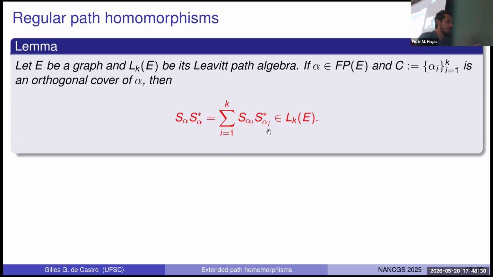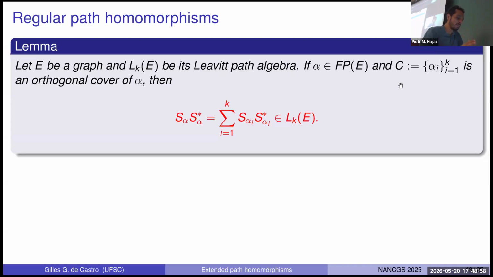And so when you use the CK2 relation several times, you're going to have a sum of these S alpha_j S alpha_j star, but then the lengths of the alpha_j's can be different. The CK2 itself is just edges, but as I said, when you apply this several times, not for all terms but just for some, then we can arrive at different lengths.